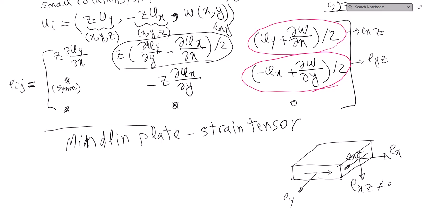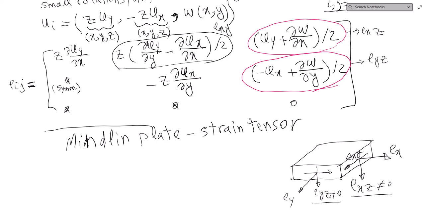This is also Exy or Eyx, which is symmetric, and this is Eyz. So this is also non-zero. So this theory recovers the transverse shear strain.